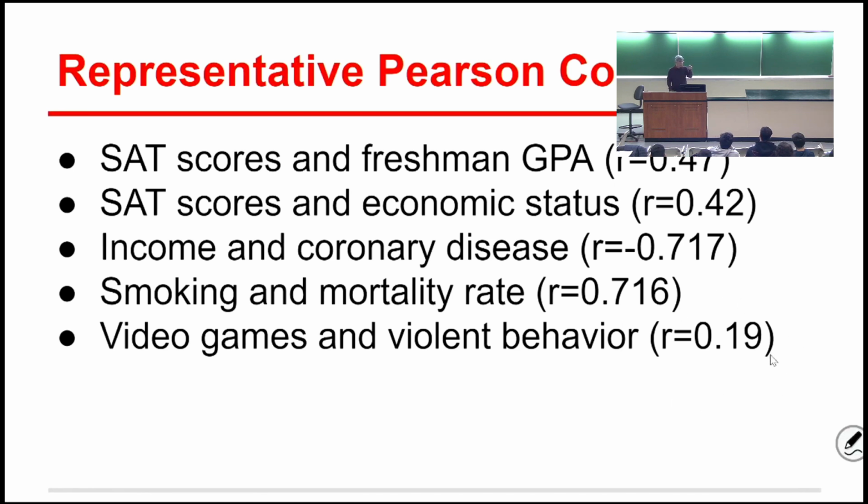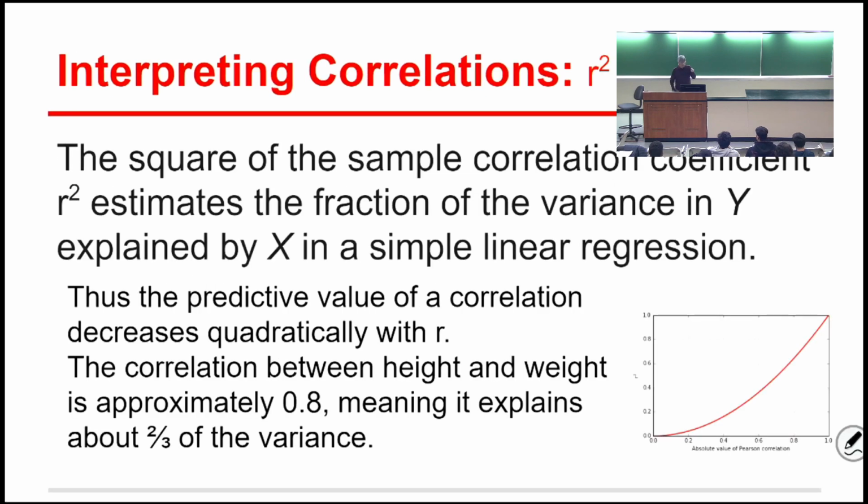Is that a strong correlation? You say no. Is it a real correlation? Well, we have to figure out what that means. That's an interesting question. If it's a real correlation, maybe we do something about video games, right? So anyway, the correlation coefficient gives you a metric to start to ask how strong the relationship is between two variables. Any questions?